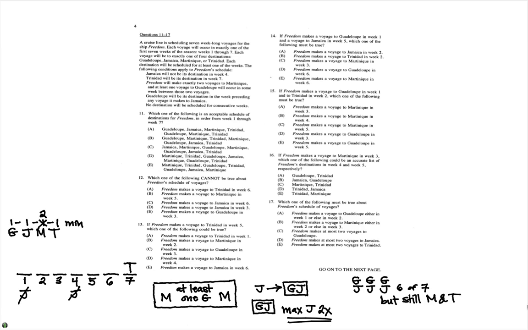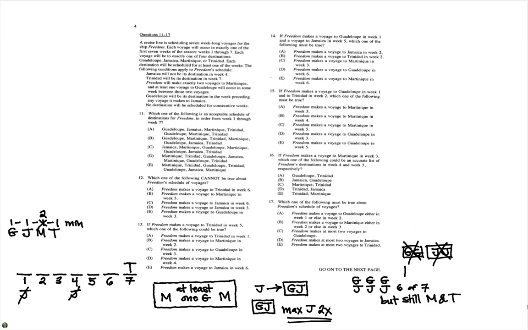And then the last rule tells us no destination will be scheduled for consecutive weeks. Well, we can't have Guadeloupe, Guadeloupe. We can't have Jamaica, Jamaica.